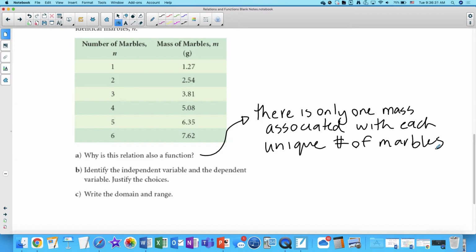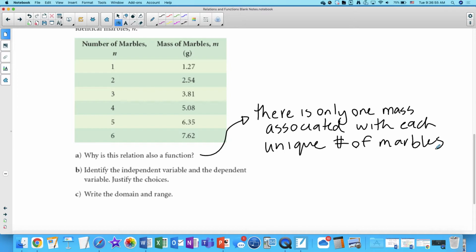The other really simple answer is just the way the table of values is set up. Independent is always on the left. Dependent is always on the right. Here we are asked for justification, so you need to go a little bit further, but if you're just asked to identify what's independent and what's dependent, look for that.